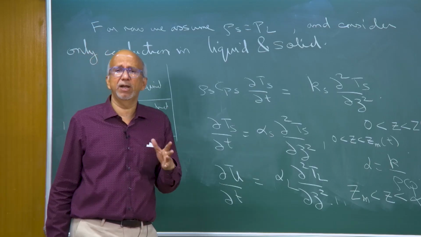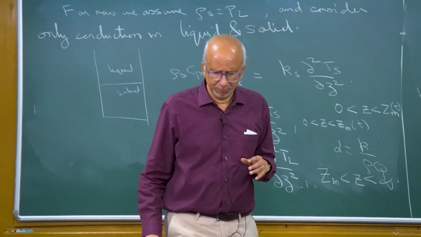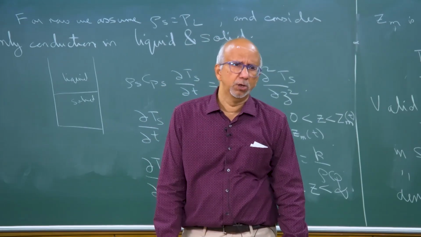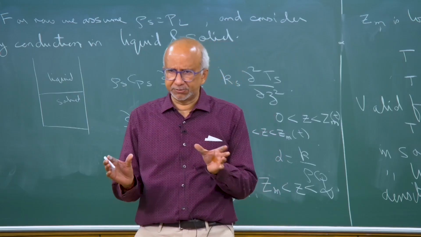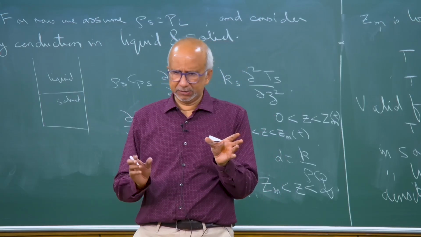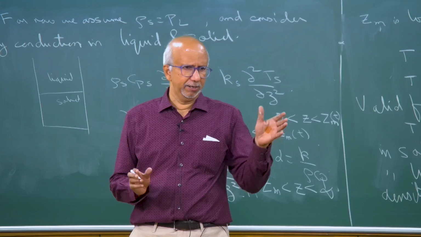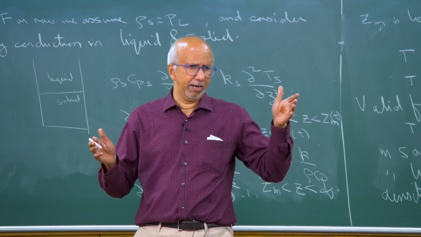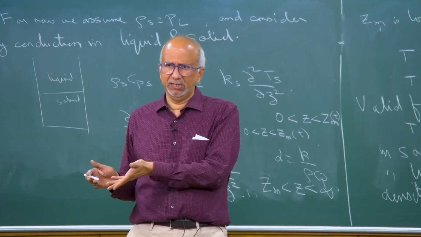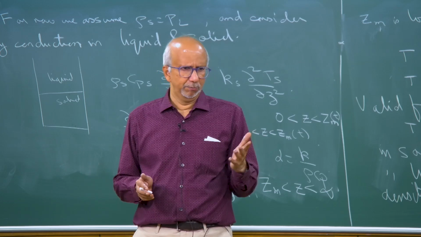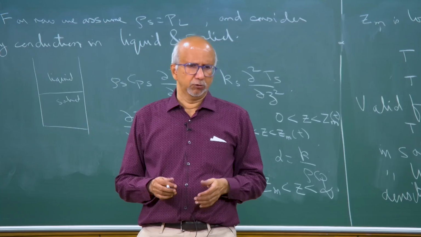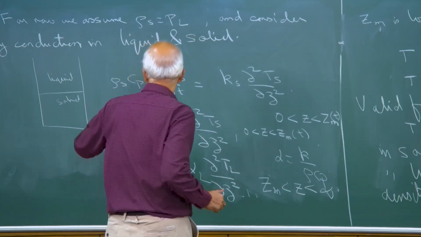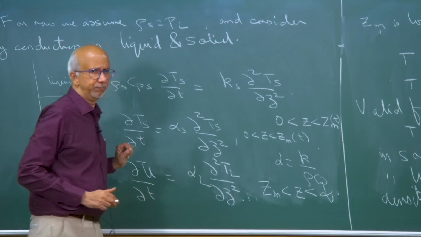This is very similar to the problem which you are used to. In undergrad, you look at composite slabs, two slabs, say copper and something else, and you have a temperature gradient, you put boundary conditions and solve, and you get linear profiles. Something similar, there are two different materials, one solid, one liquid.